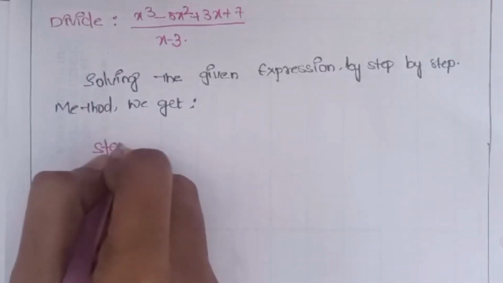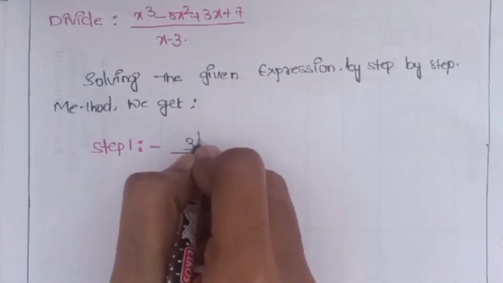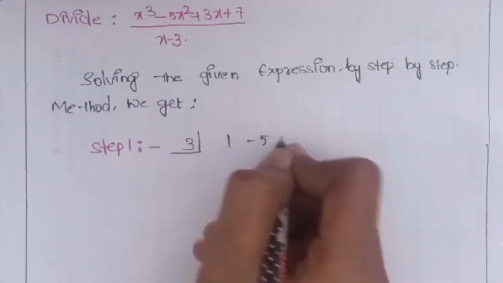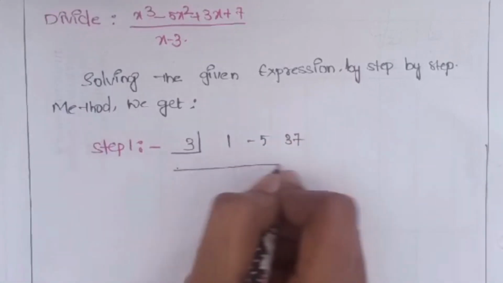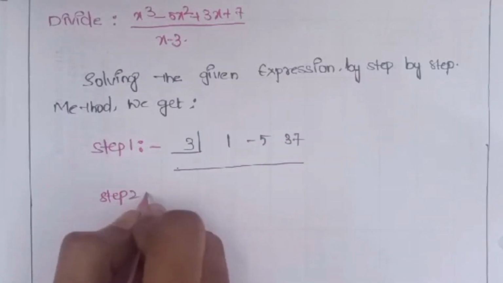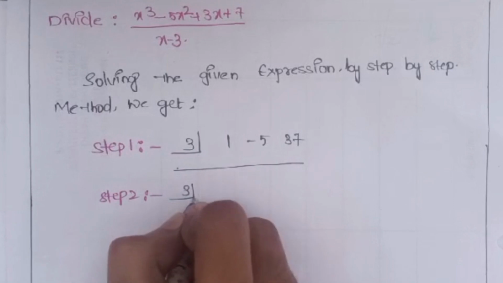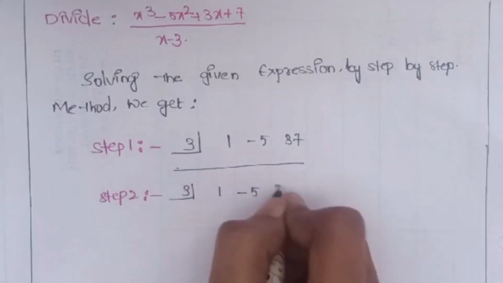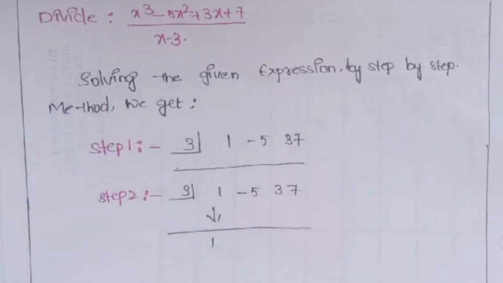If you have not understood the process, I am repeating it for you. In the first step, I have taken all the coefficients of the given equation. For x cube we have 1, for x square we have -5, for x we have 3, and the constant is 7, and I am dividing by 3.